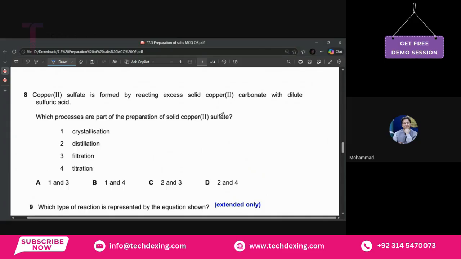Is it A, 1 and 3? Very good. 1 and 3, which is crystallization and filtration.